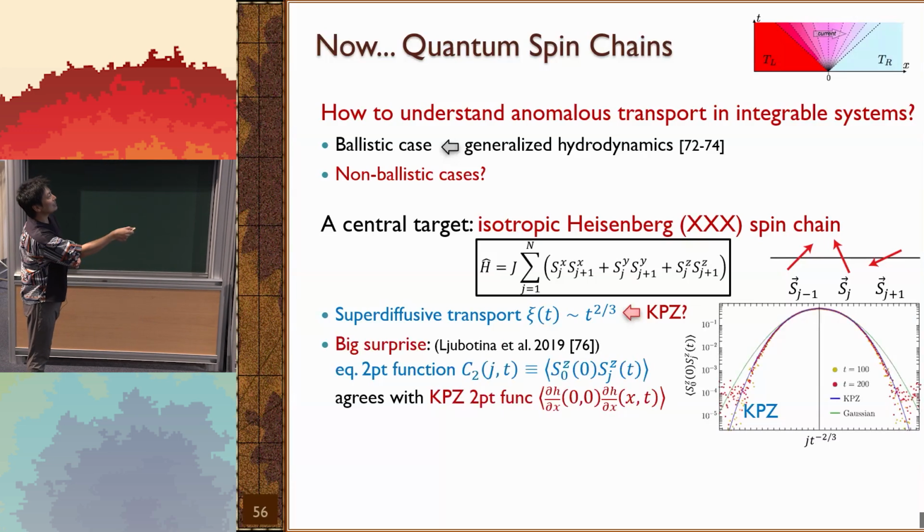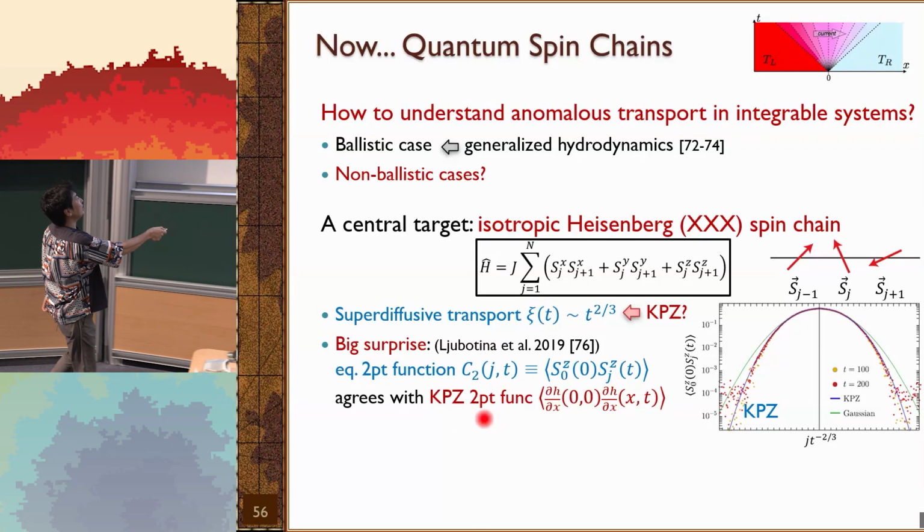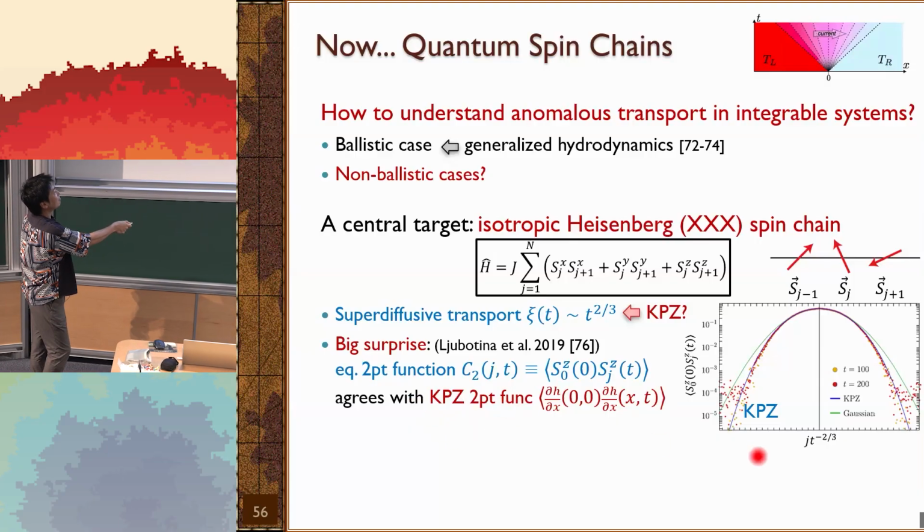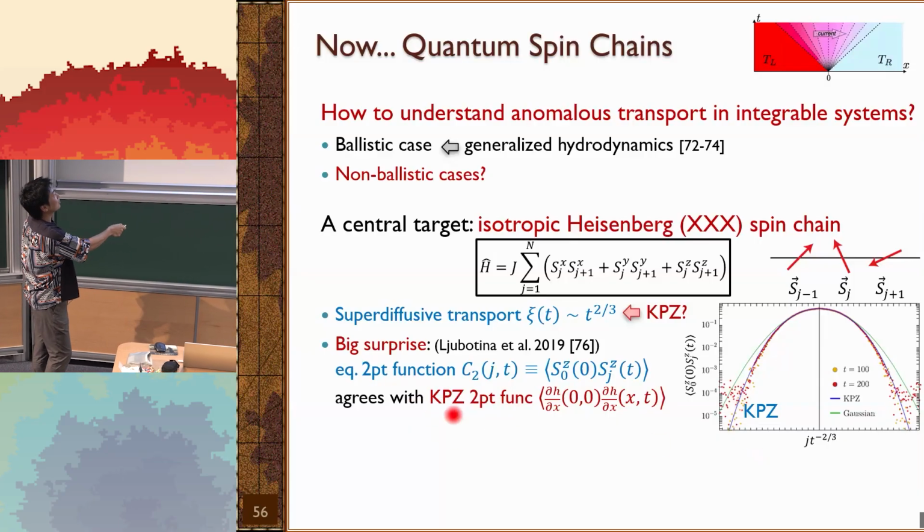A real surprise is that the two-point function of the spin at equilibrium turns out to be very close, at least, to the KPZ two-point function. So it seems to have something to do with the KPZ class.